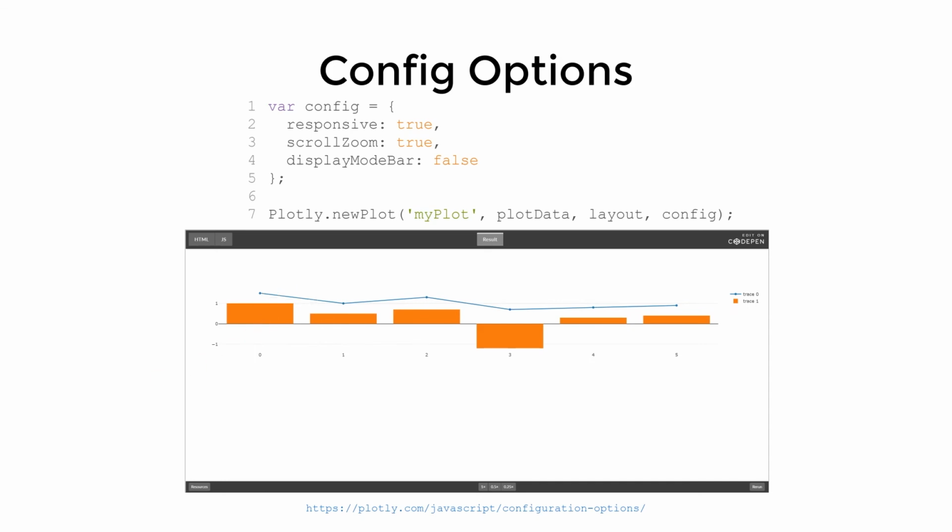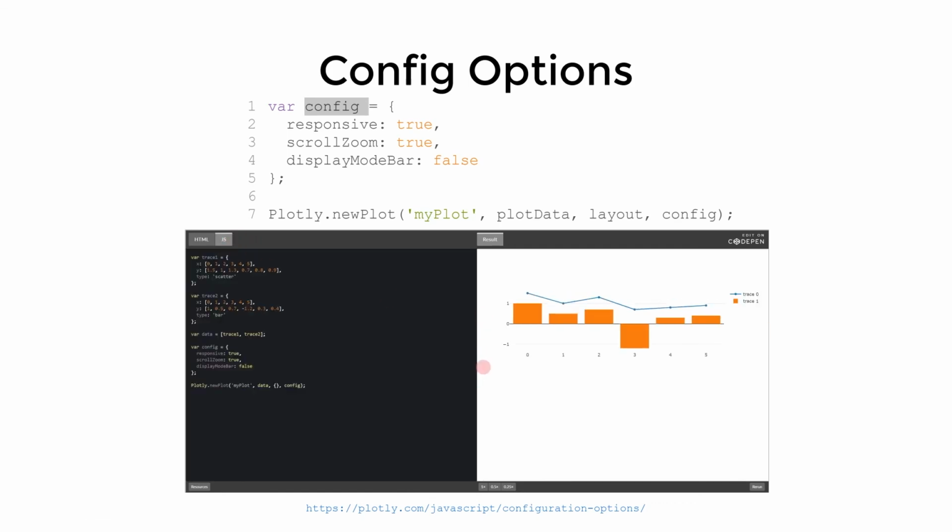So when we want to then include that config inside the plot, we add the final config variable as an input parameter, which we set up here, and that will immediately provide the functionality that we want in terms of the configuration. So we can see the responsive working as well.